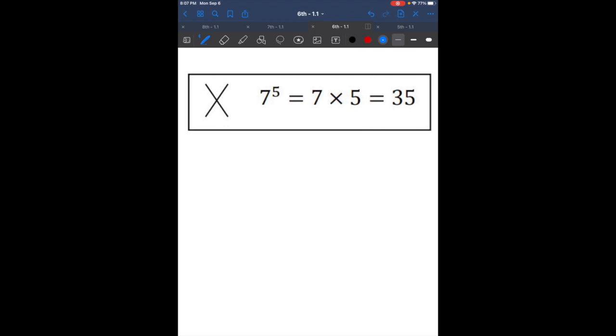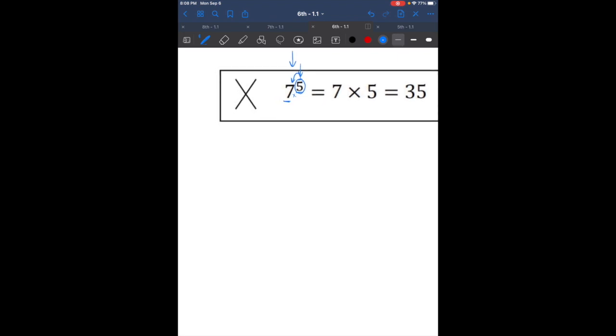So let's see, they have 7 to the 5th power. So we have 7 wholes, 7 to the 5th power. And this student said, well, that means 7 times 5, and they gave it 35. That is not correct. What this exponent is telling me is that I have 5 of these 7.